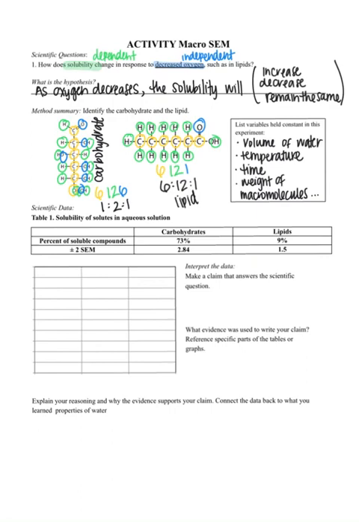So first thing I want to do is set up my graph with my independent and my dependent variables. We've already mentioned that the dependent variable is going to be the solubility, or in this case, the percent of soluble compounds. My independent one is going to be the amount of oxygen, or in this case, we've divided into carbohydrates, which have more oxygen, and lipids, which have less oxygen, as you can see when we counted them up above.